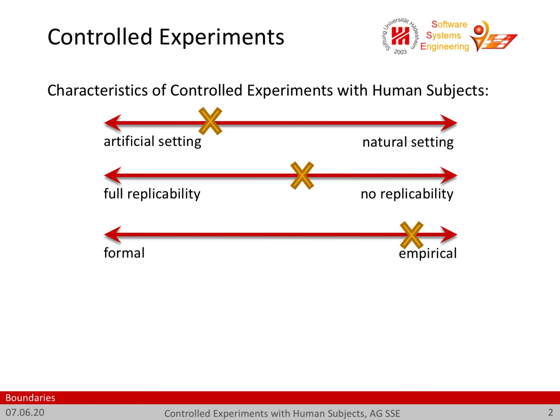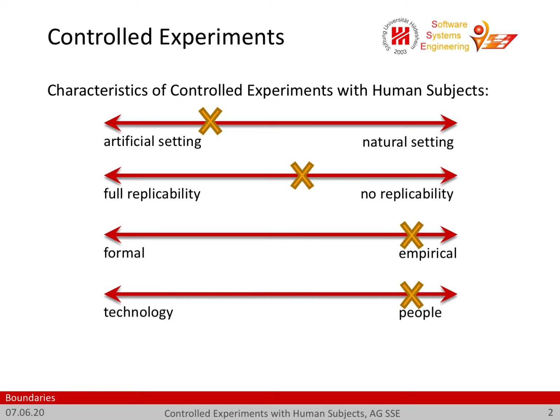How formal are such experiments? Here we have a clearly empirical method. It's really something that tries to gather empirical evidence from observations. It's not about a formal approach like we had when we discussed our formal methods.